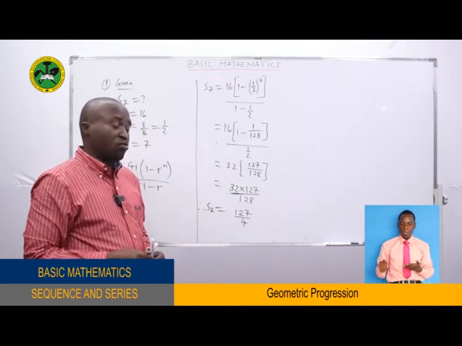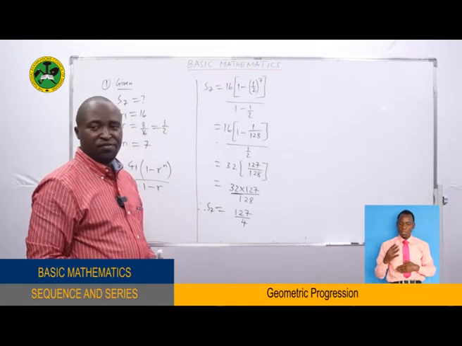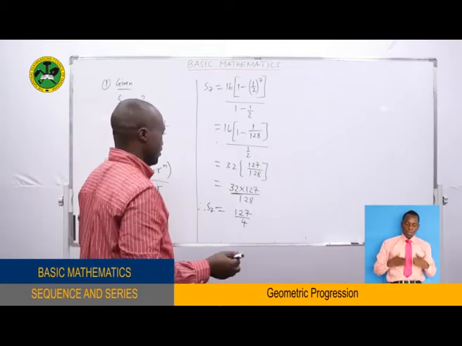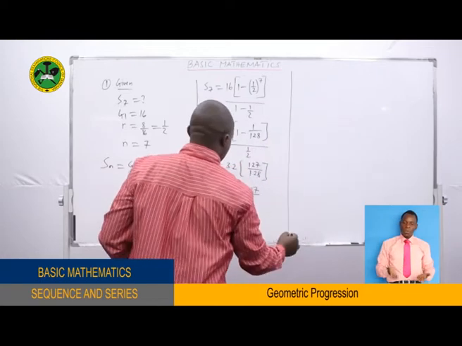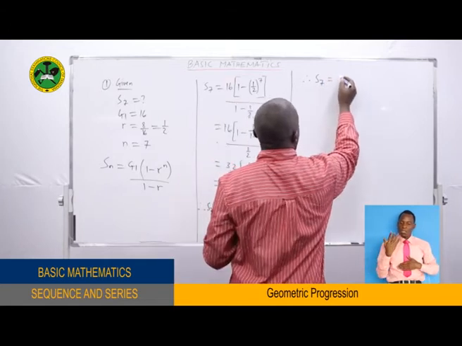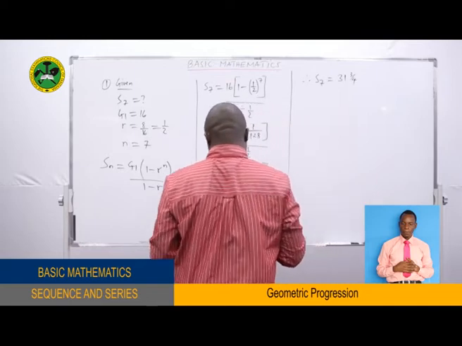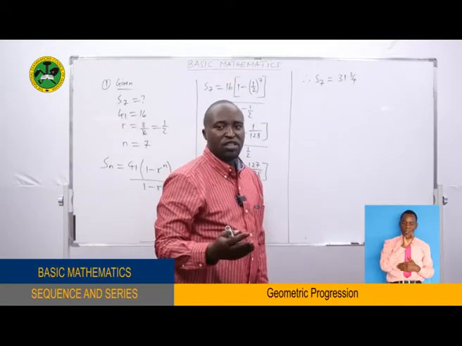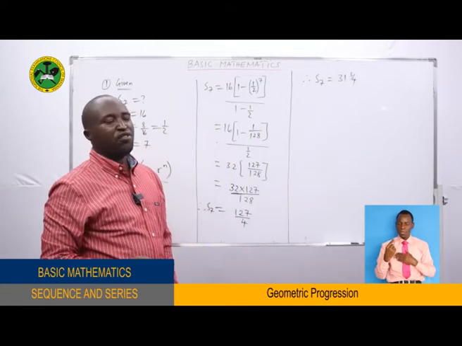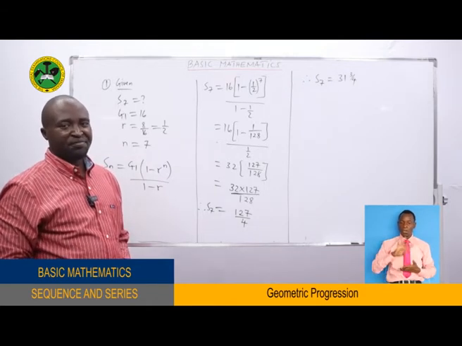So in this case, dear student, we have 127 over 4. Now you can convert this one to a mixed number. In mixed number we have 31 and 3 over 4. That is the sum of the first 7 terms of the geometric progression.